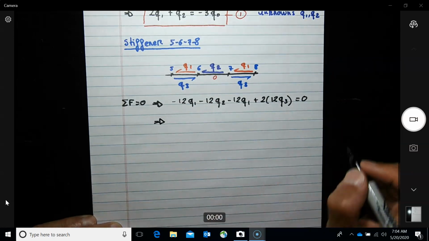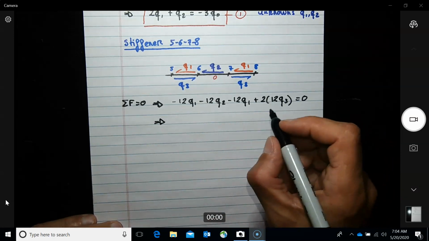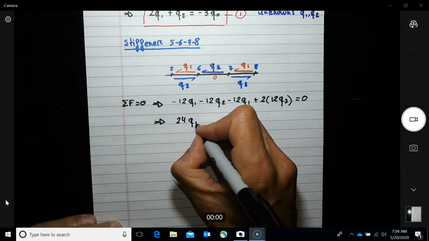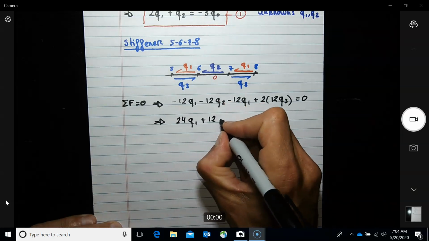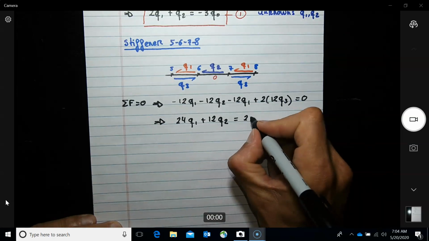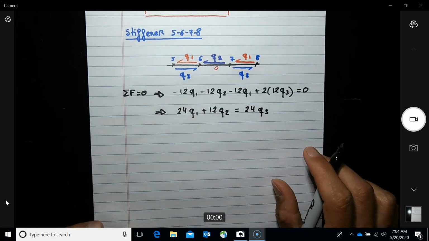So here we're going to get 24 Q1 plus 12 Q2 would be equal to 24 Q3.